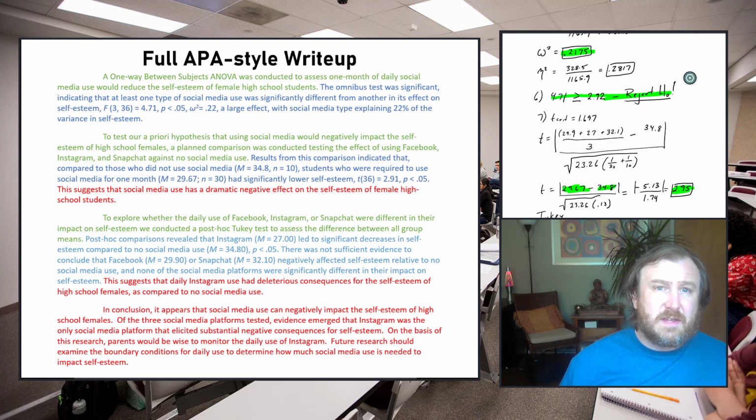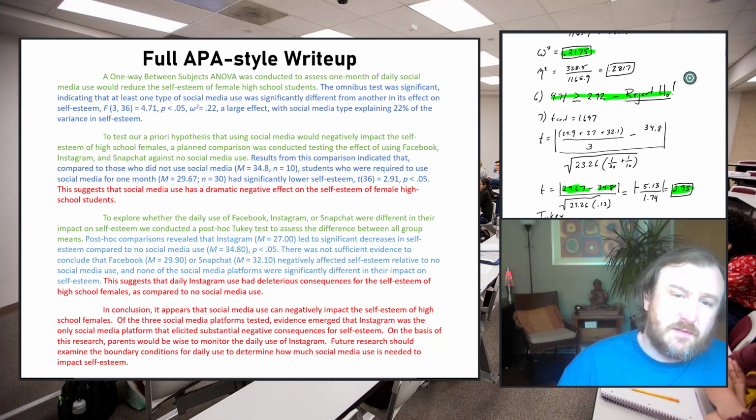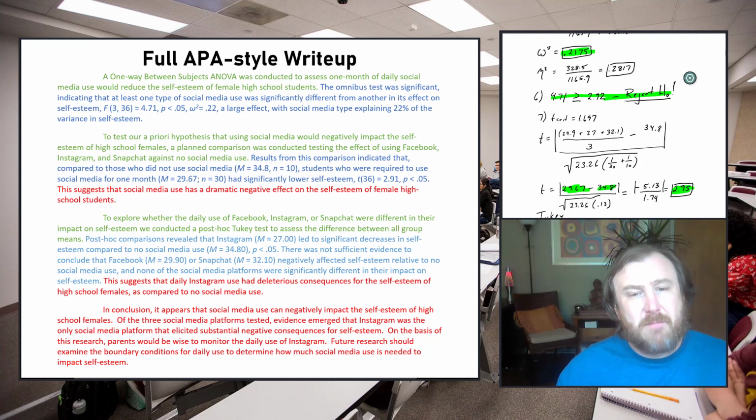And then here is the full APA style write-up all on one page. As you can see, these have grown quite a bit since the good old days of one sample t-tests. But they follow the same pattern.